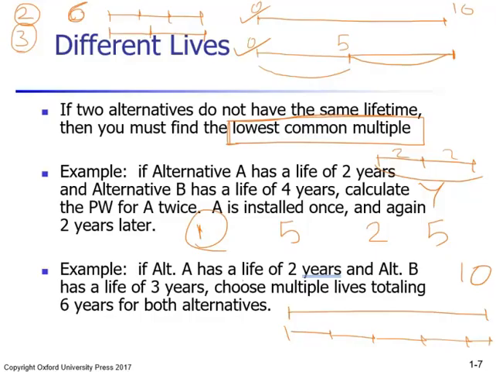For example, here we have 1, 2, 3, 4, 5 for alternative A and for alternative B 1 time. That's the extra step we need to take when you are comparing two plans that are not of the same lifetime.